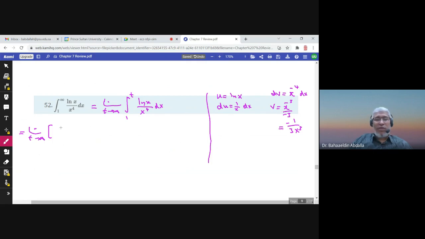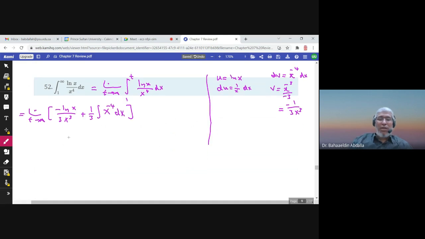So it is negative ln x over 3x to the power 3 minus integral v du. So when I multiply v times du, there is a minus sign, so it would be plus, and there is a 1 over 3, okay? And x times x cubed is x to the power 4, so it would be x to the power negative 4 dx. Okay, and all from 1 to t if you like. I'll do it now. I have limit t to the power infinity.